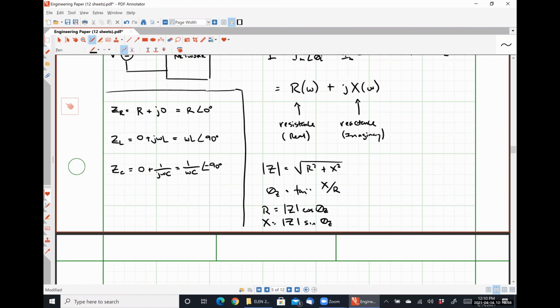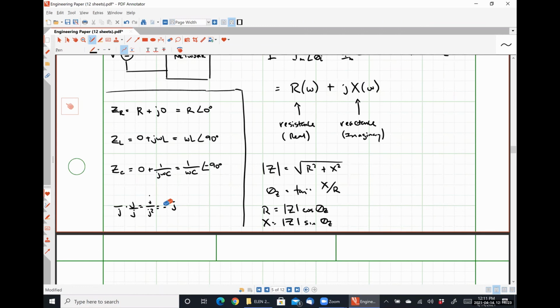Some of you, depending on who you had as your professor in Circuits 1 and all that kind of jazz, might have seen ZC expressed as negative j divided by omega C, okay? So if I have 1 over j and I multiply it by j over j, that gives me j over j squared, which is negative j.